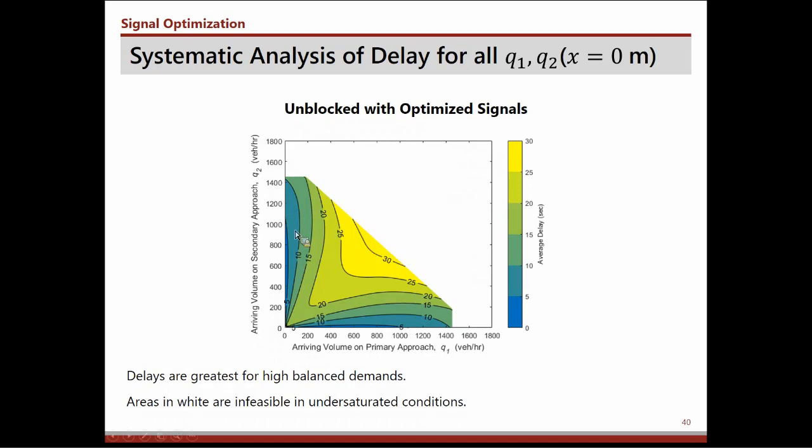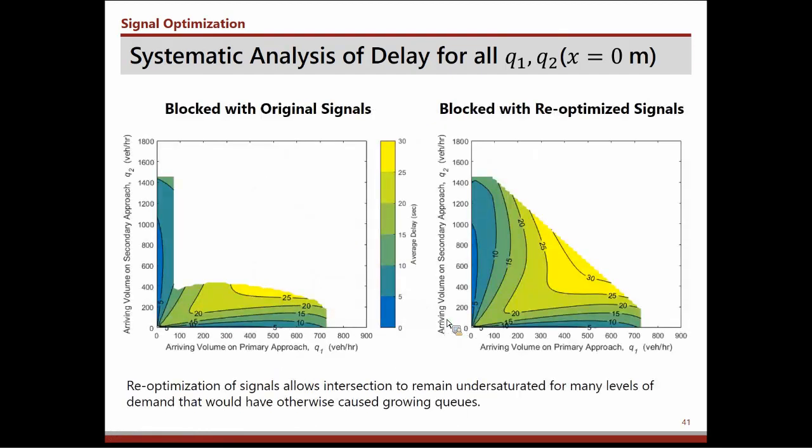So anywhere that's shaded with a color here is a feasible set of demands that's within the capacity of the intersection. Anywhere that's white is over capacity. It's oversaturated. Can't be served. And so you can see that the largest delay is when you have a balanced combination. If you're really lopsided, you can give a lot more green time to one approach than the other.